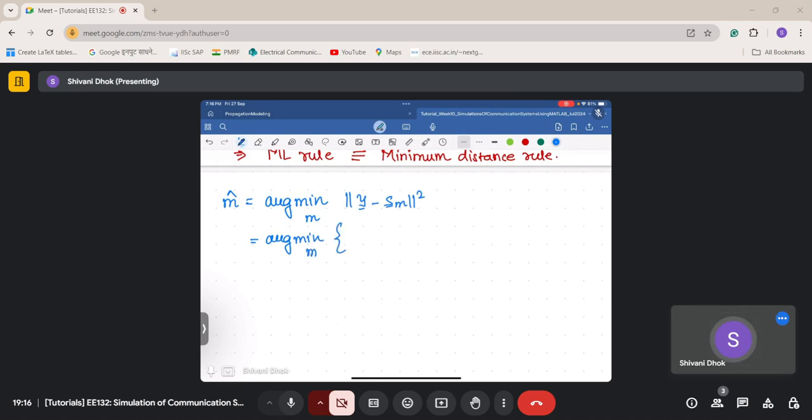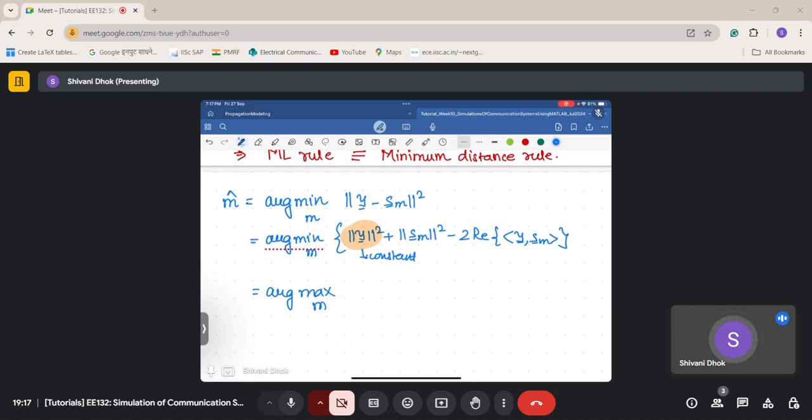We can simplify this norm as norm of y square plus norm of Sm square minus 2 times inner product of y and Sm, or to be very precise, this will be 2 times real part of inner product of y and Sm, and now this is argmin over M. Again, this thing is constant, so this becomes argmin over M. You can take out minus sign common, or I can multiply by minus sign and make it as argmax.